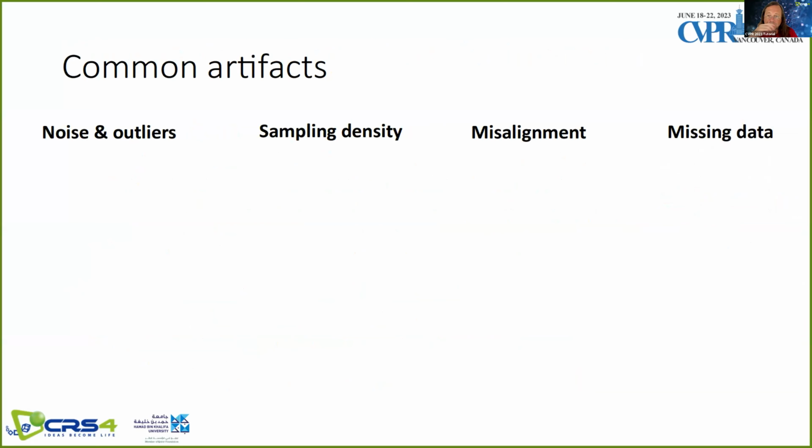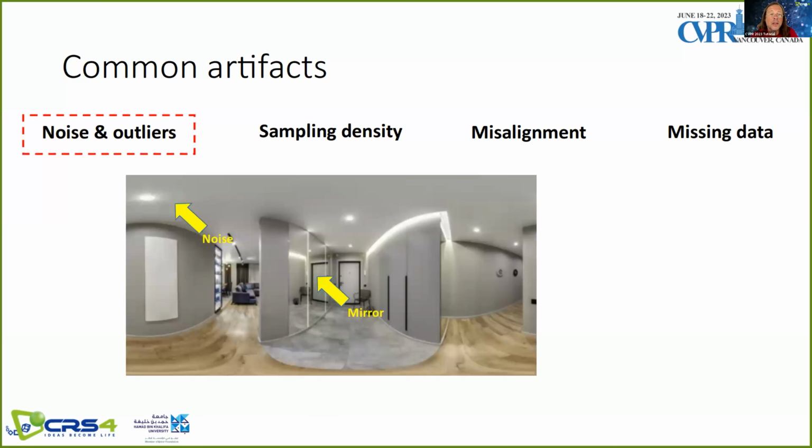Okay, so generally speaking, artifacts that one can expect to find are the same that one may expect to see in general surface reconstruction. So we're talking about noise, outliers, uneven sampling density, misalignments, and missing data. However, in the case of indoor environments, these artifacts take some specific forms and are more or less evident depending on the specific environment or acquisition device. And we see here what happens for panoramic images, for example.